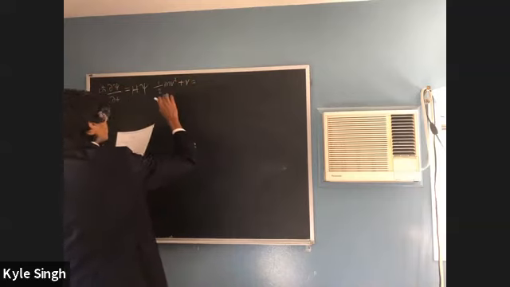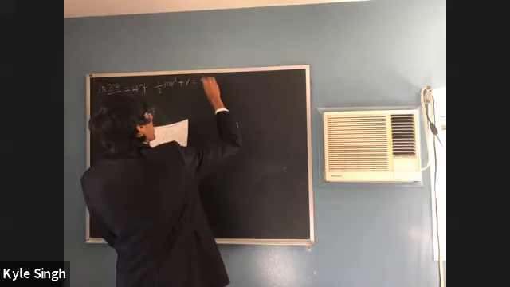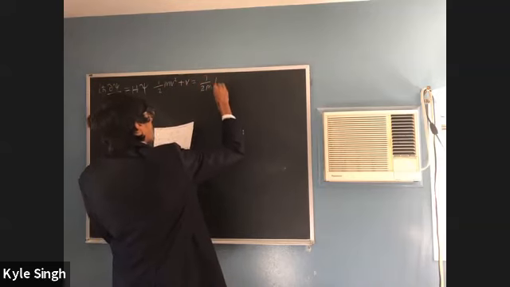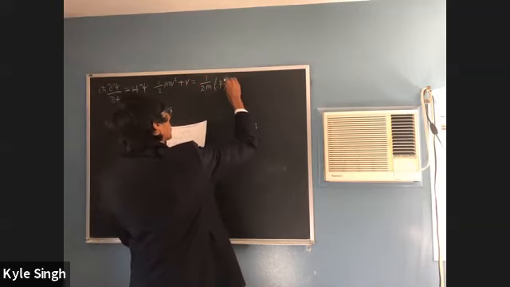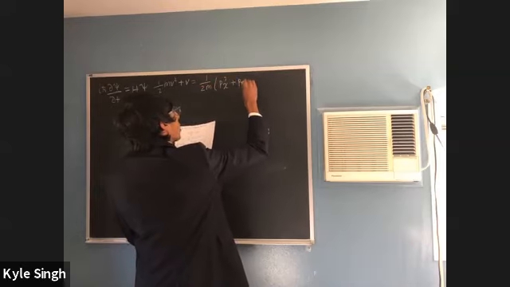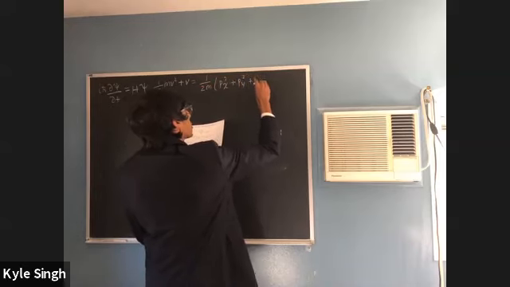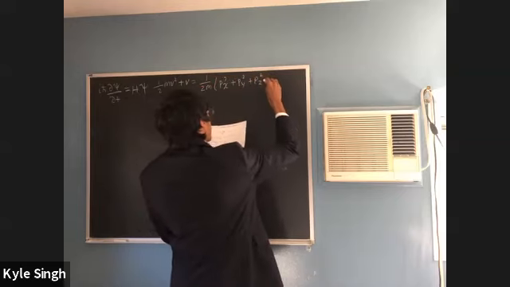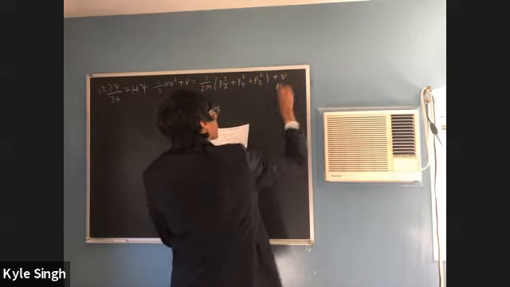I can write the Hamiltonian in this way as well, which we've seen before, because the energy can also be written as p squared over 2m plus some potential.